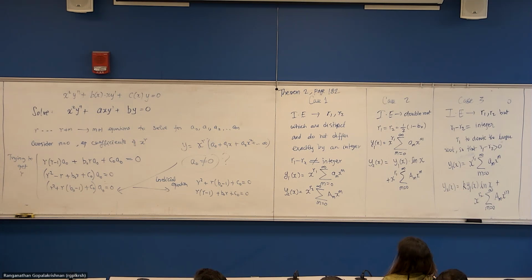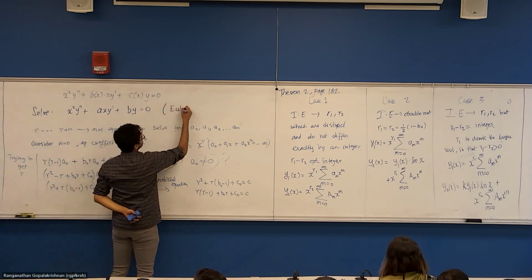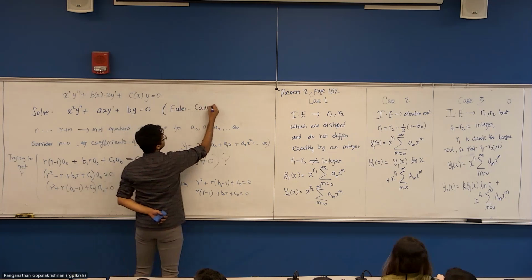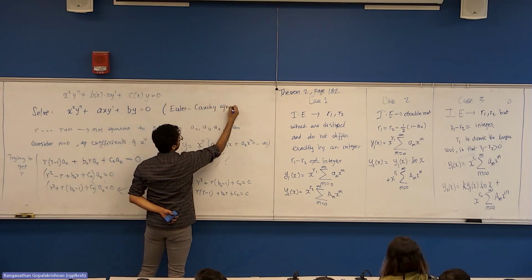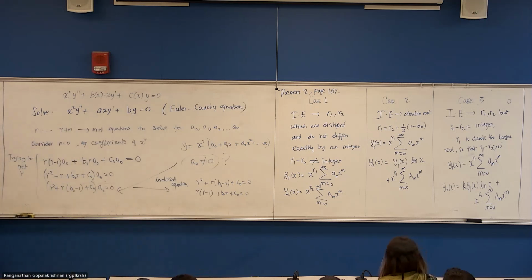Okay. This equation is given a name, Euler-Cauchy equation. Not a big fan of names because I usually don't remember them very well.